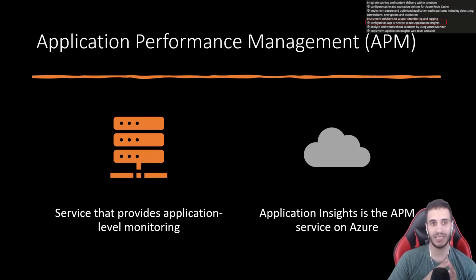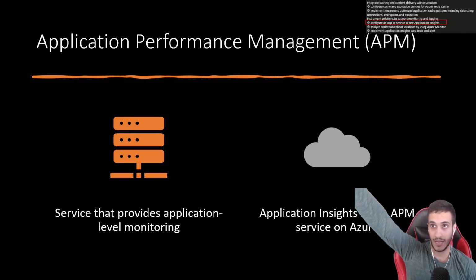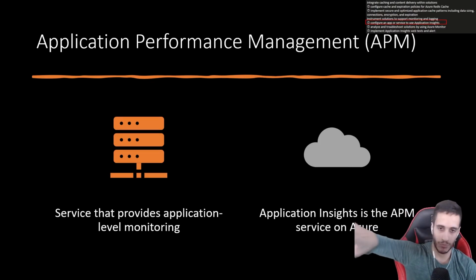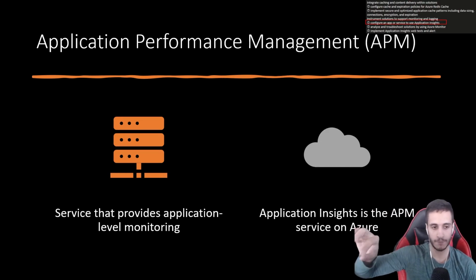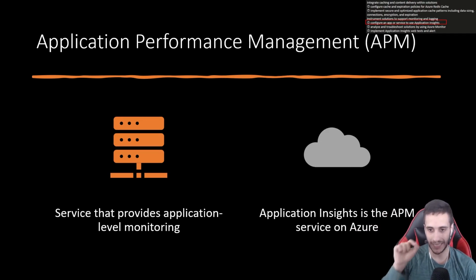Now let's talk about Application Insights, which actually forms a good part of the exam. And before I talk about Azure Application Insights, I just want to touch on what we mean by Application Performance Management, or APM software, okay? APM is essentially software that provides application level monitoring, okay? So maybe you are used to the standard types of monitoring tools that monitor your infrastructure like CPU, memory, etc. With APMs, or Application Performance Management software, those are tools that provide application level monitoring.